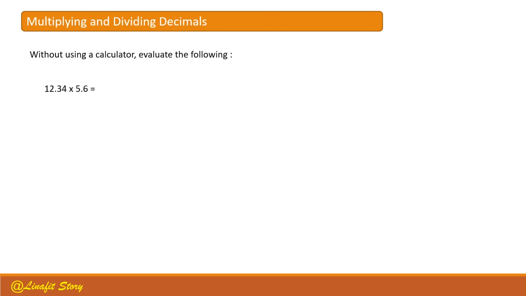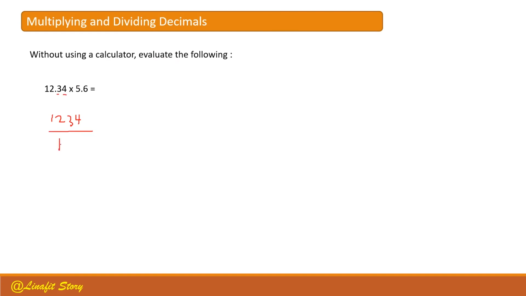Multiplying and dividing decimals. For example, without using a calculator, evaluate the following: 12.34 times 5.6. So over here, you may convert the decimals into fractions. So 1234 out of, how many decimal places are there? 1, 2.